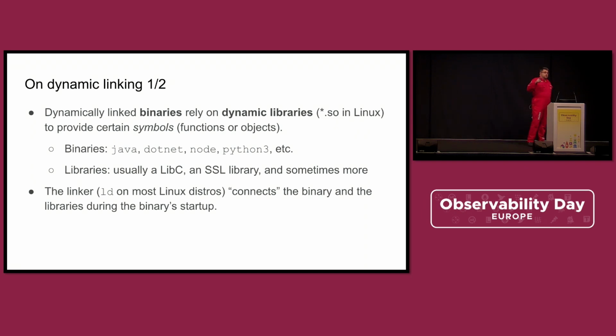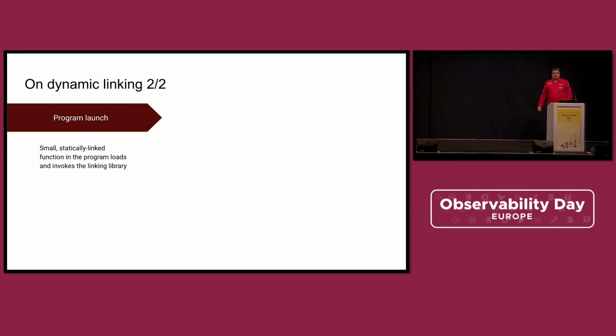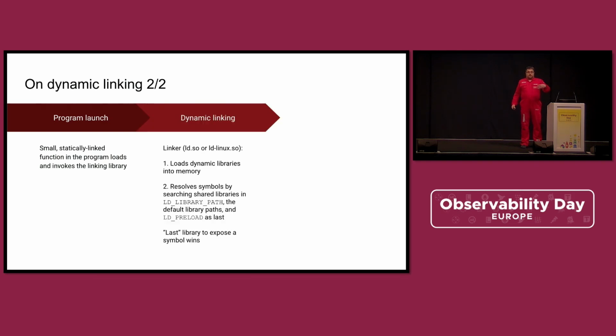The linker, which is LD in most Linux distributions, is effectively doing this at runtime. You launch the program, which has been compiled to look for a linker. The linker goes and looks up the currently available dynamic libraries, scanning a series of paths, and then it adds whatever you add to the LD_PRELOAD environment variable.